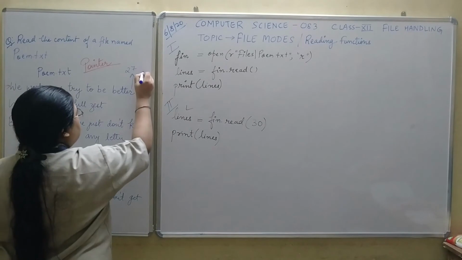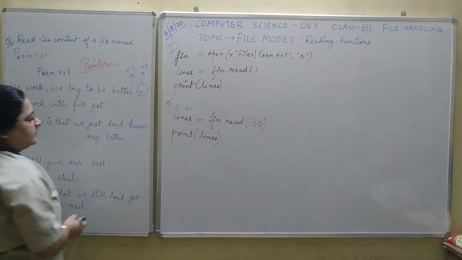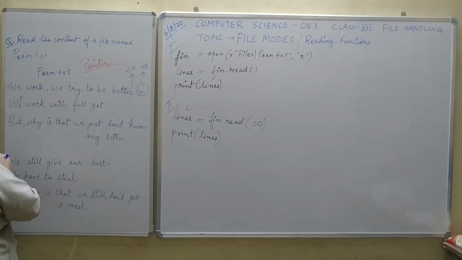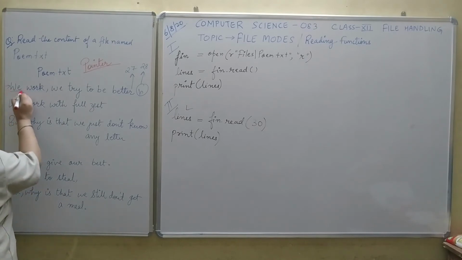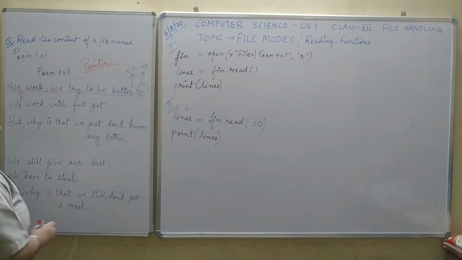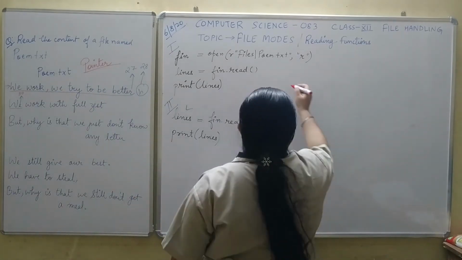So this would become the 28th character. Then 29 and 30, that is still here. So basically this is 30. So we will be getting these lines as the output. That is, it would be like this.